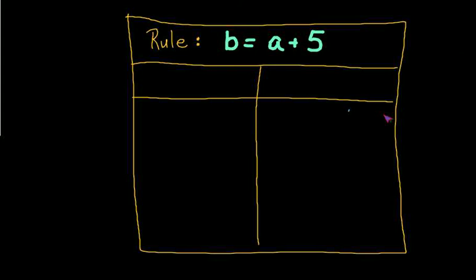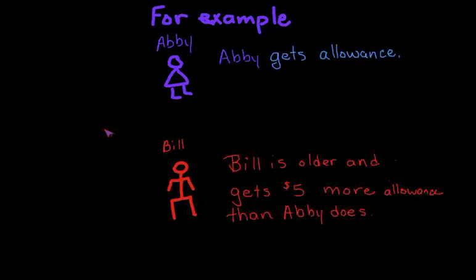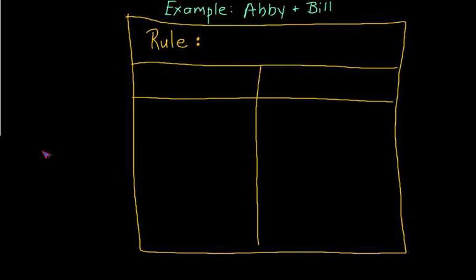So this function box is going to serve to show us how we can make sense of possible scenarios with Abby and Bill's allowance. So in our example, Bill gets $5 more. Our variables showed us how they compared to each other. So in this situation, Abby's situation is going to be on this side, in the in or out, or the words.